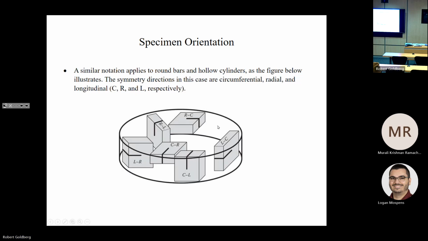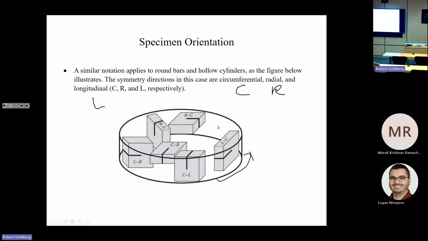And also, if you have round bars or hollow cylinders, you can do a similar type of idea where you have circumferential, which is C, radial, which is R, and longitudinal, which is L. So similar here, you have radial, which is along the radius, the circumferential, which is as much as possible with a flat specimen to follow the circumference of the bar.